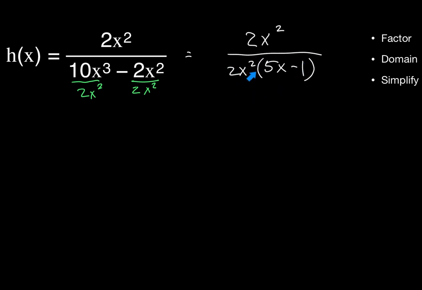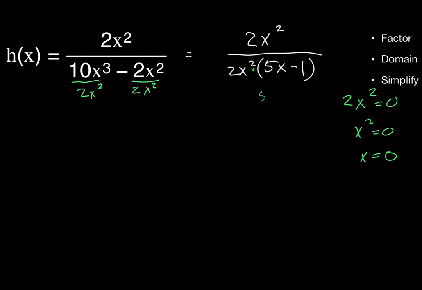So I'll look at this and say, all right, I have two things being multiplied. I have 2x squared and I have 5x minus 1. So I'm going to think, what makes 2x squared equal to 0? I'll divide both sides by 2, x squared equals 0. What number times itself is 0? 0. All right.